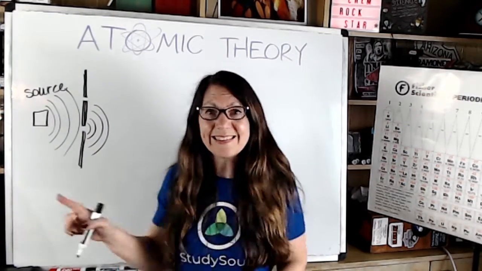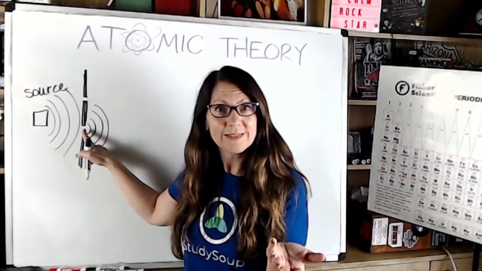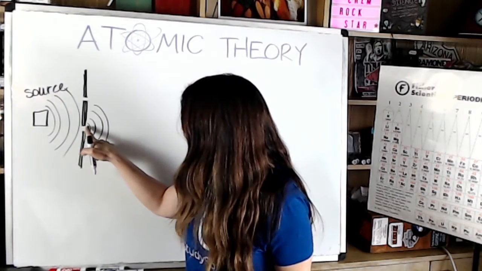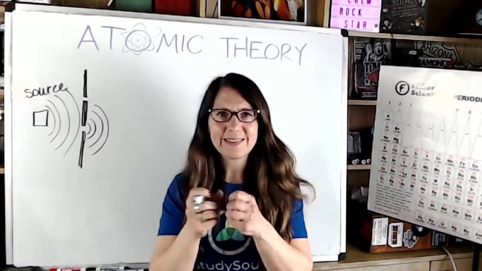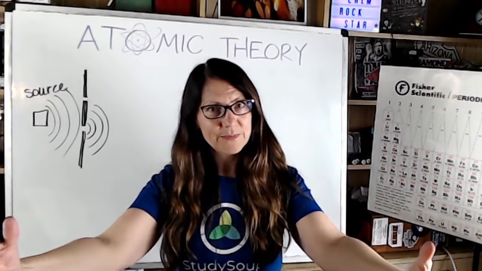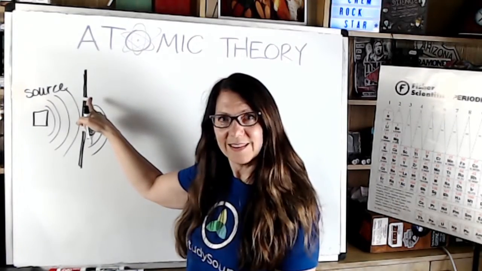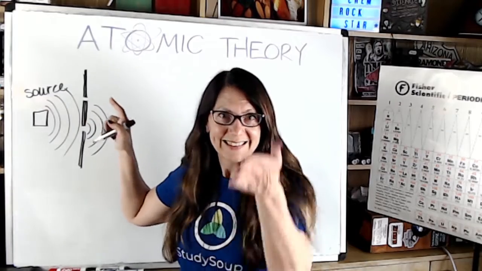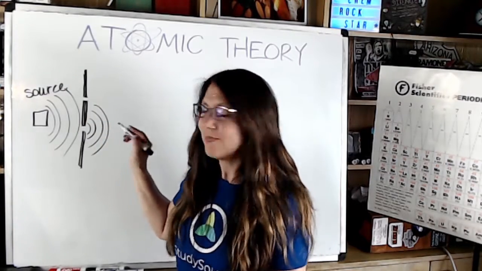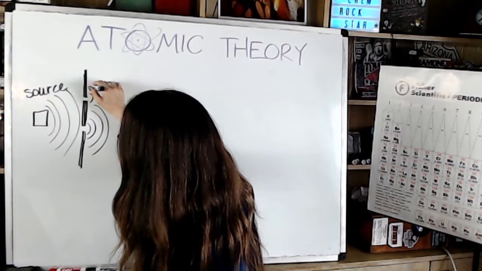So that's essentially like another little source, right? So the wave came through, and then now it's propagating out from there. Same with this hole here, or this slit that's made in the wall. Same thing.